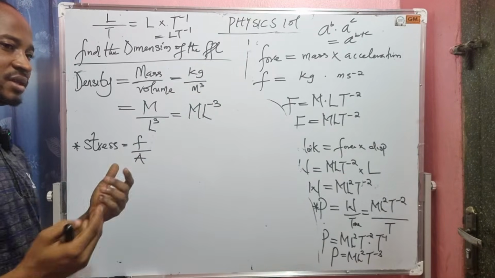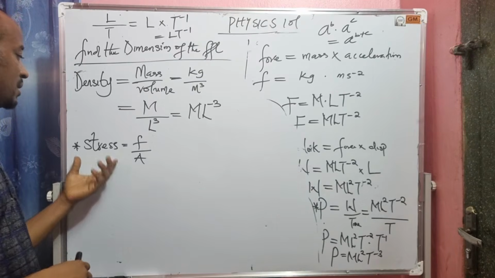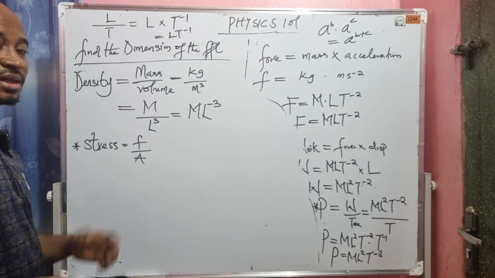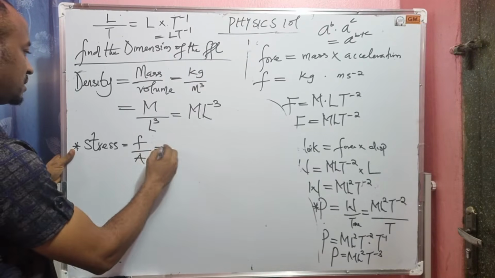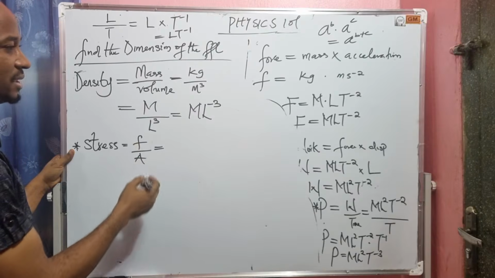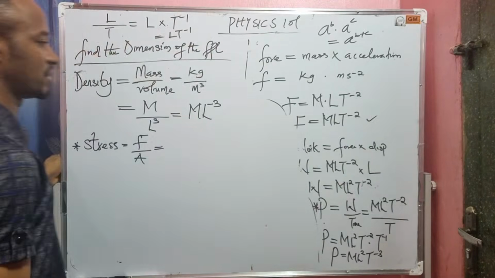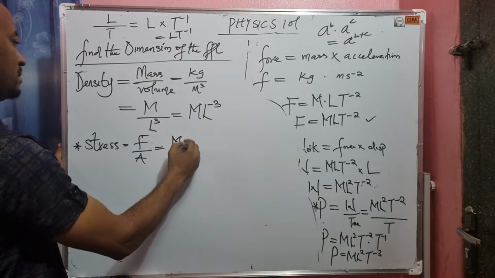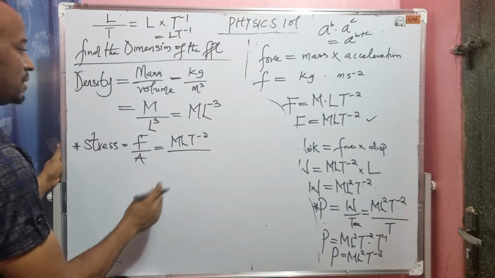When you apply pressure on a material, it simply means stress on the material. So for stress, we have defined the dimension of force as MLT minus 2, divided by, okay, let's define this first.